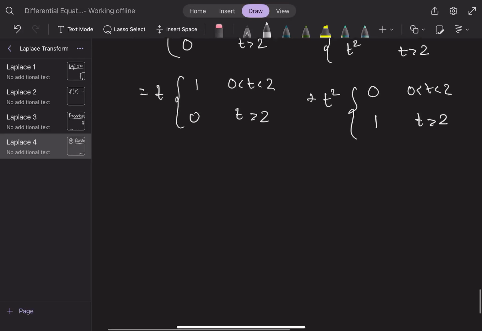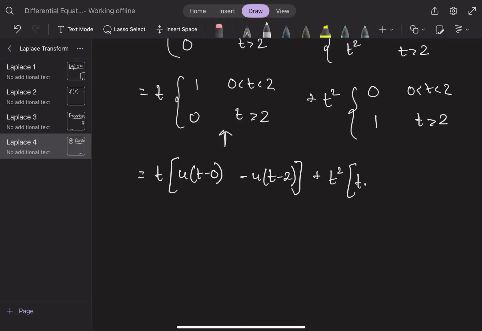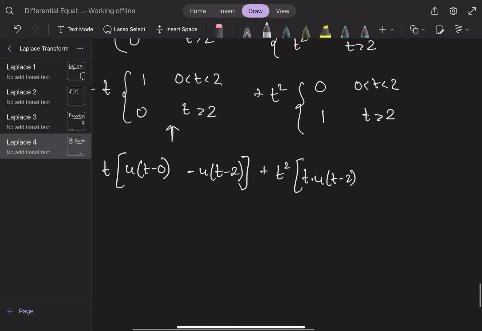So you can write this as t of u of t minus 0 minus u of t minus 2 for this one, plus t square times u of t minus 2. Yeah, that's it. There's no t over here, sorry guys.